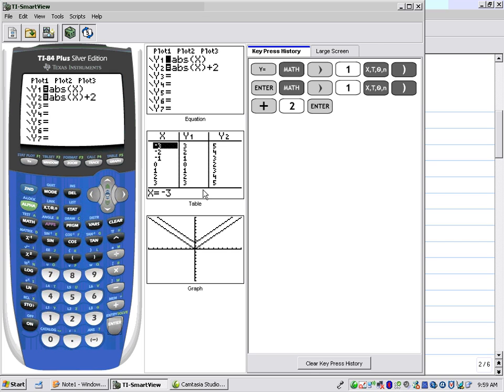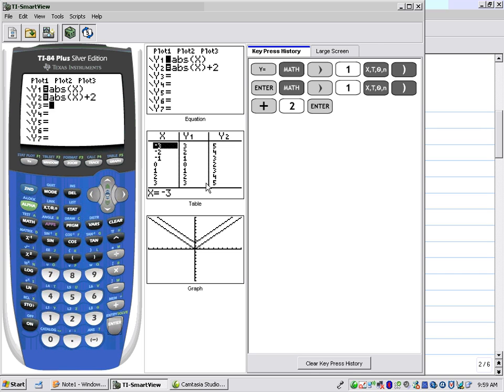So when we add a value, we are vertically changing it by that quantity. In other words, that is affecting the y values only. The x values are not changed. We're just increasing the y value up 2 units.